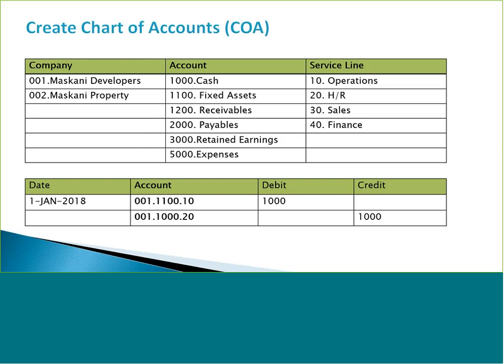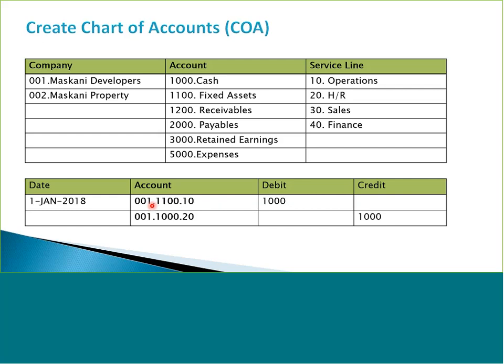But for now, understand that this segment in a journal, the balancing segment, has to be the same. So that is how the chart of accounts affects the way that we capture accounting information.